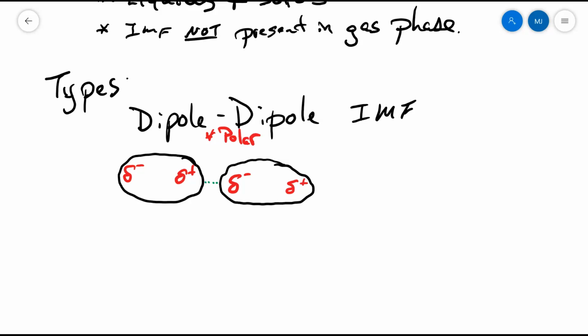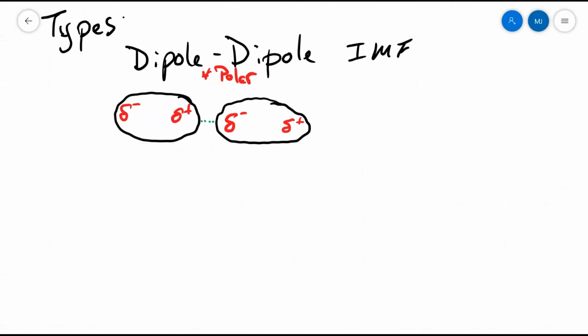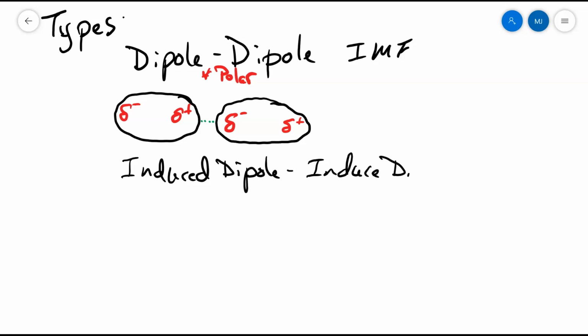Now, there's another type of intermolecular force that would be called the induced dipole. Now, the induced dipole is nonpolar.